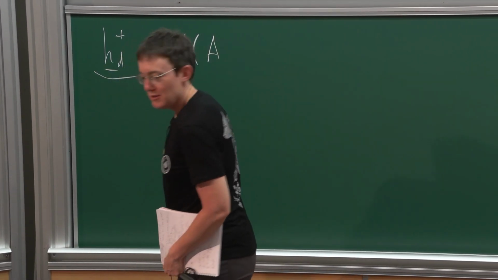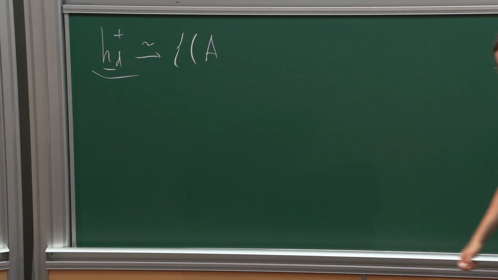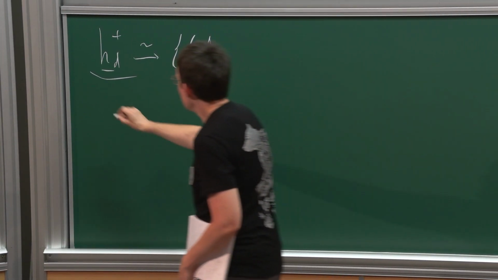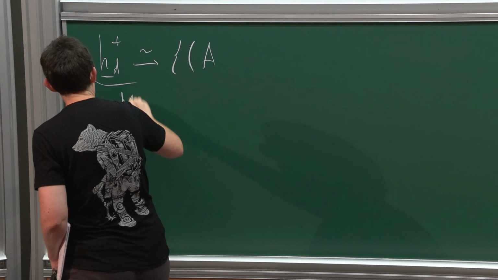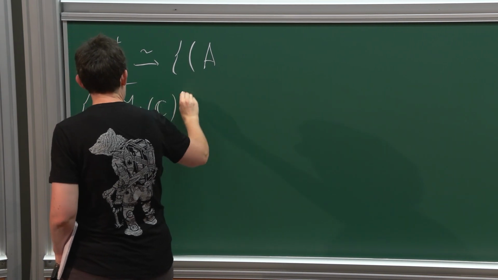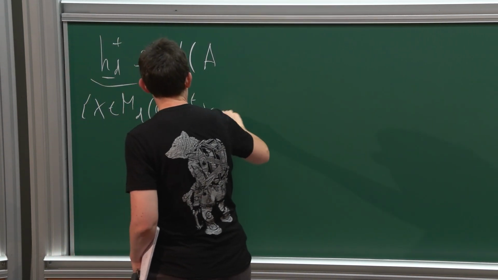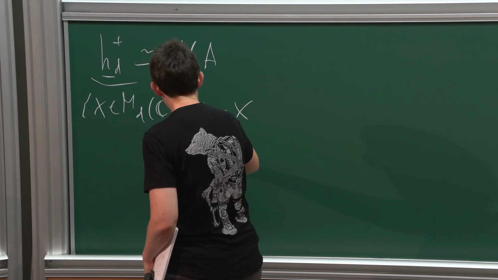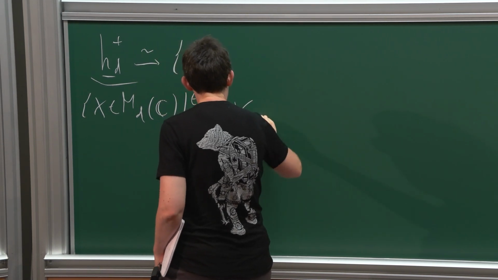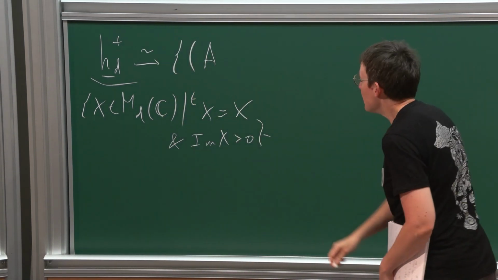So this was the Siegel upper half space: d by d complex matrices that are symmetric and have positive definite imaginary part.